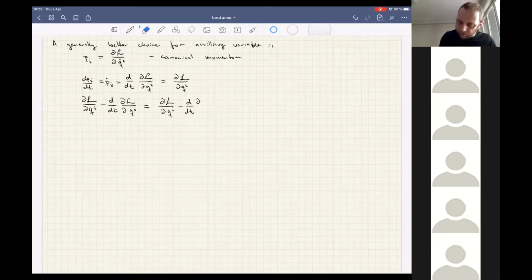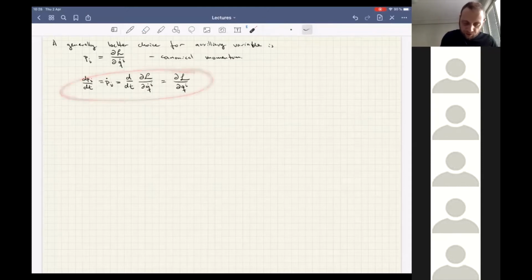I wanted to look at the other one, because this was from the equations of motion. I want to look at the definition of p.